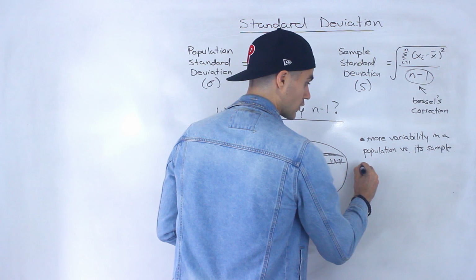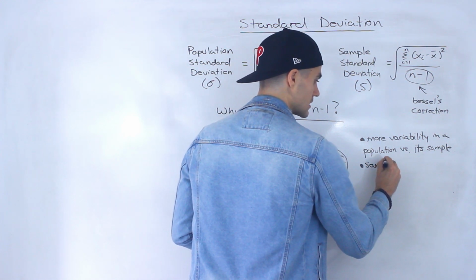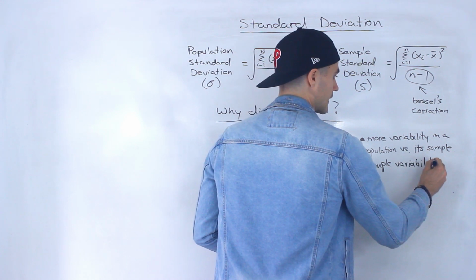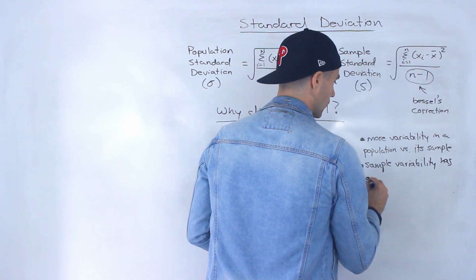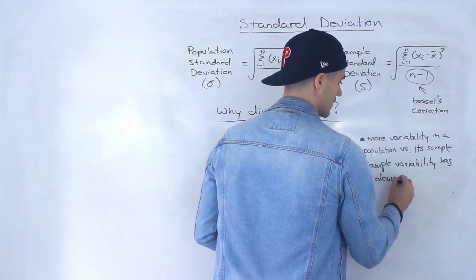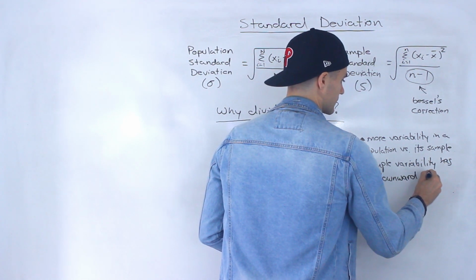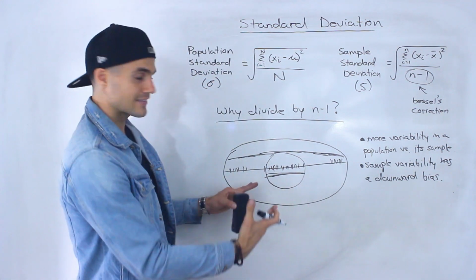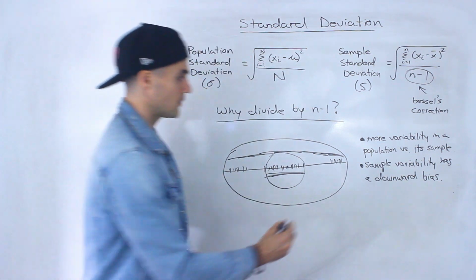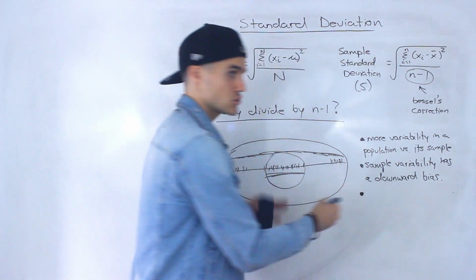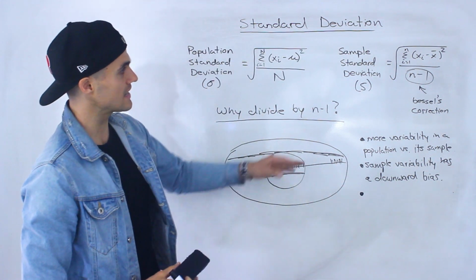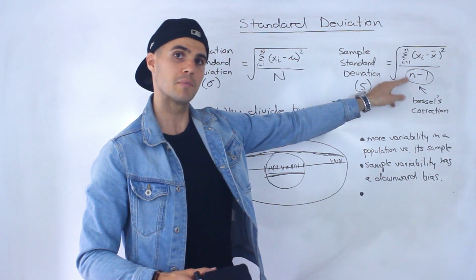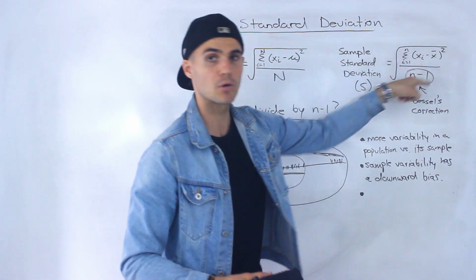So the sample variability, sometimes you'll see it described, has a downward bias. And so to counteract this downward bias, what statistics makes you do is, instead of dividing by n here, small n, you divide by n-1 to make this number bigger.